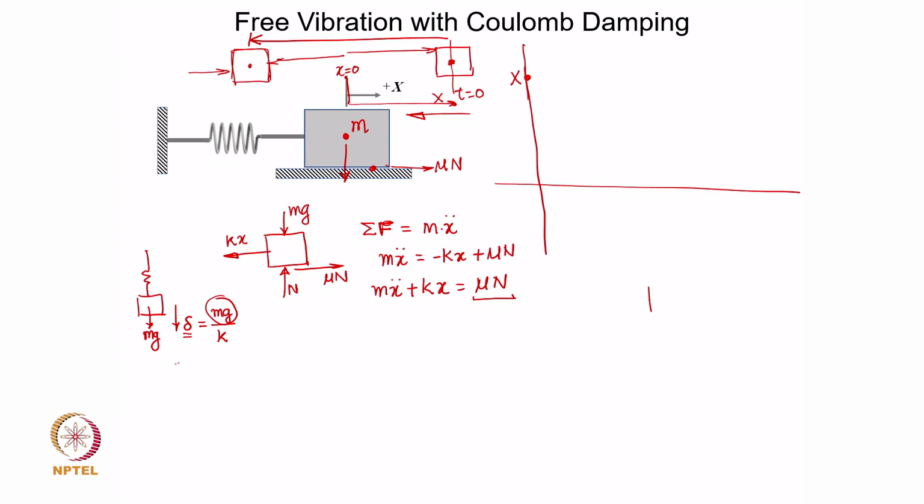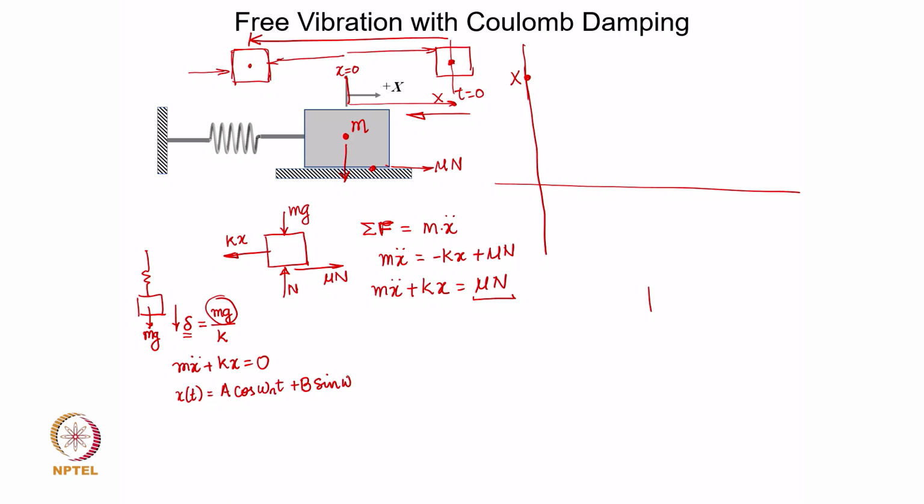You remember that for the governing equation of motion of a simple single degree of freedom system, the free vibration response was x of t equal to A cos omega n t, and then the sine term as well, both terms were there, right.